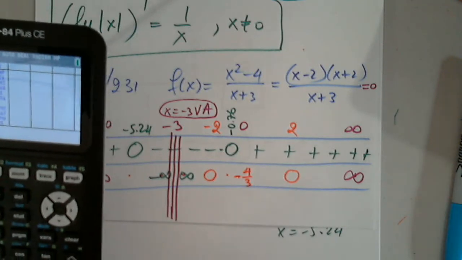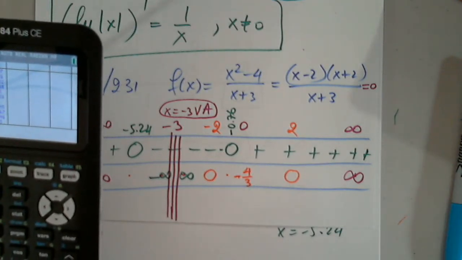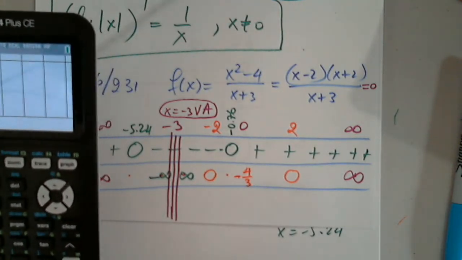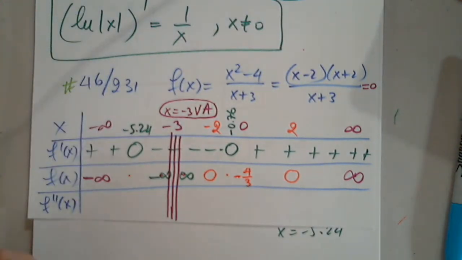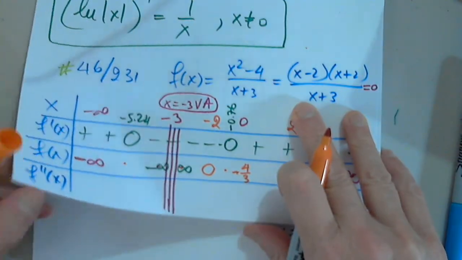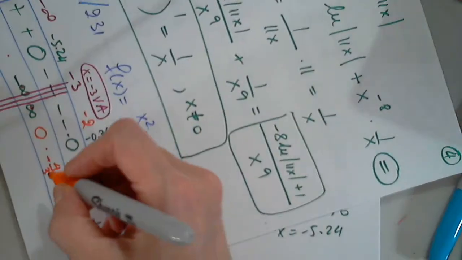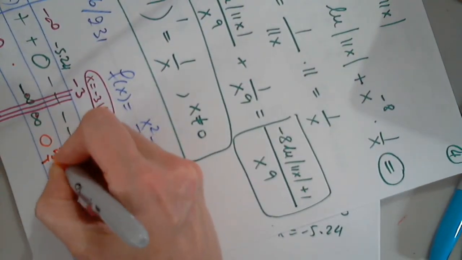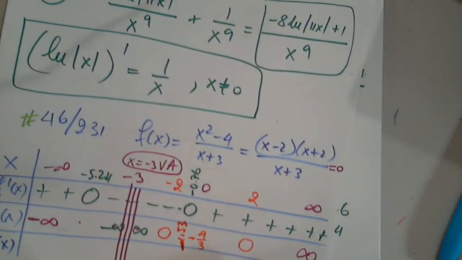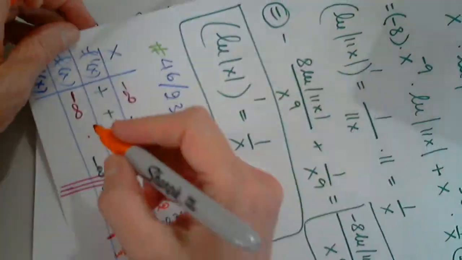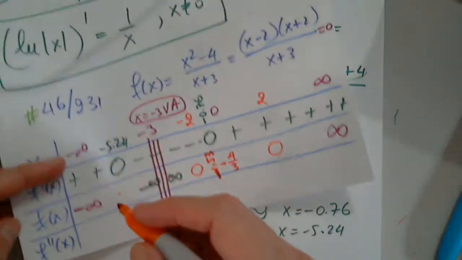That didn't work. Negative 0.76. Okay, so negative 1.53, and the other one negative 10.5. Oh, this one I have wrong.